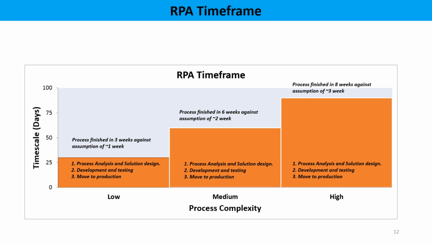Everything includes the process analysis, solution design, development, testing, moving to production and getting the sign-off. That is, starting from preparing your business requirement document to getting the final sign-off for the FTEs, it will take this much time that we have quoted here.